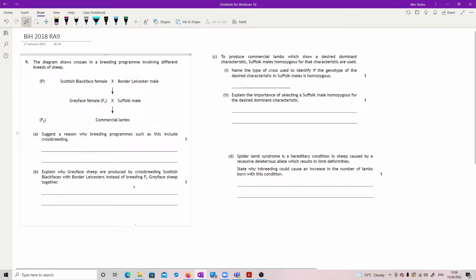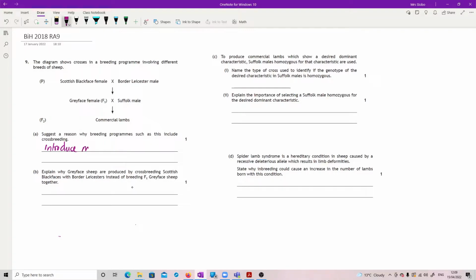Right, so they're not asking you about a very specific characteristic here. So it's not to produce particular characteristics, although that is what's resulting here. Really what we're trying to do is just introduce more variation. More variation, more alleles, more traits.